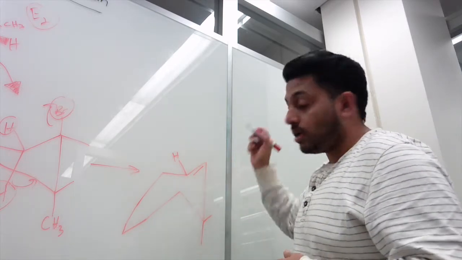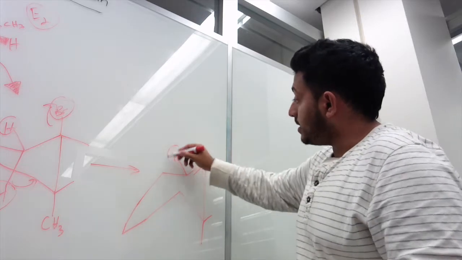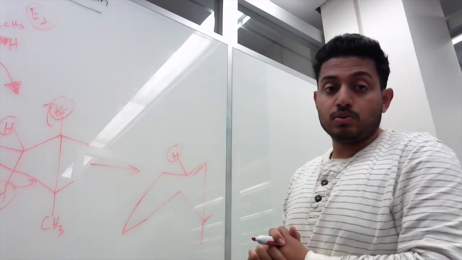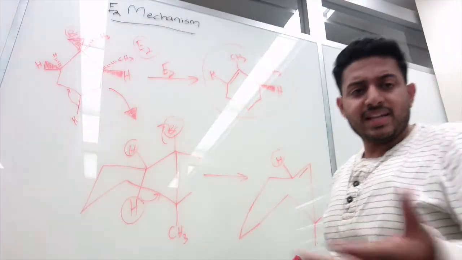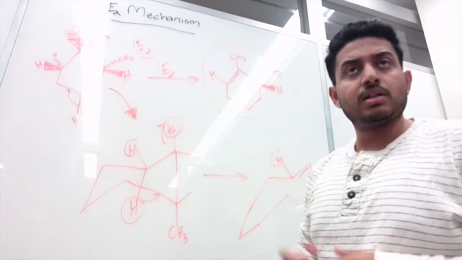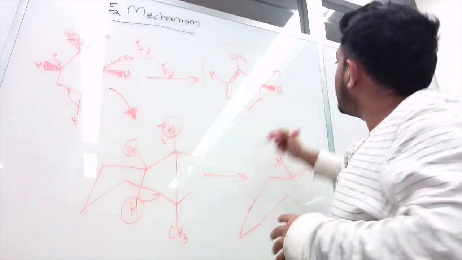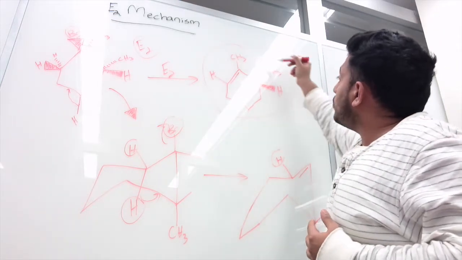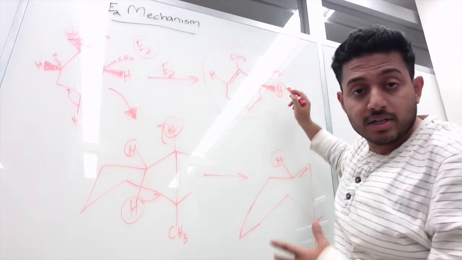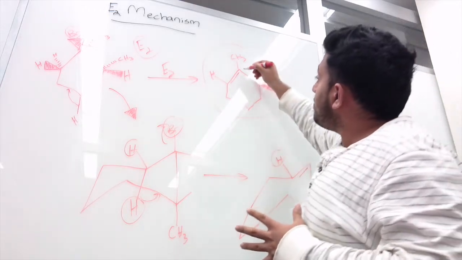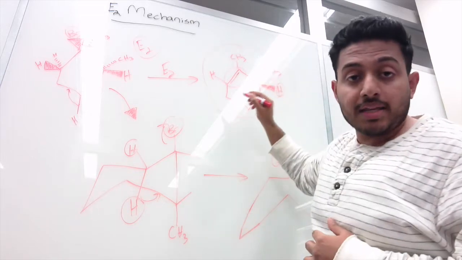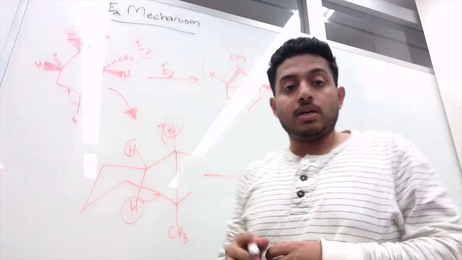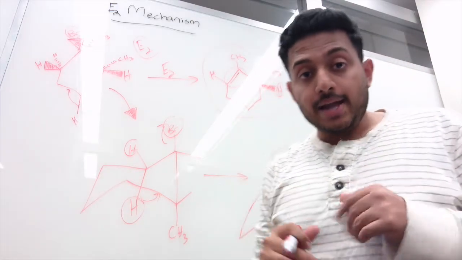So it's already a double bond, and that's the hydrogen that we were not supposed to use for the double bond. If you can't see, I think there's something wrong with the lighting for some reason. This is the methyl group, this is the methyl group, this is the hydrogen. This major thing is a double bond that was formed just because we used the anti hydrogen.